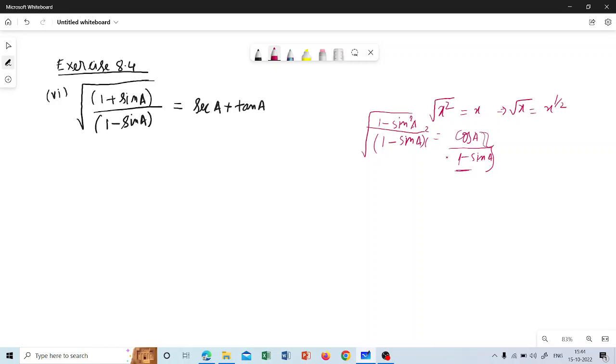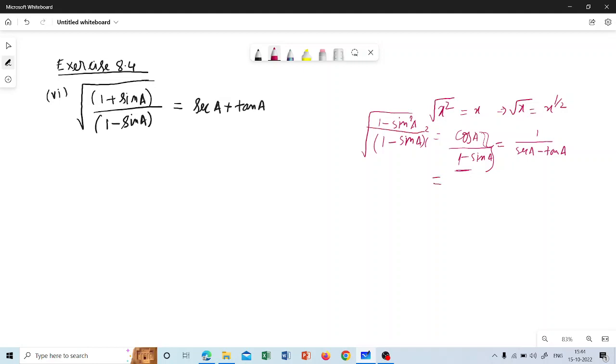So this can also be done. Once you try simplifying, if I divide by cos on numerator and denominator, it will be sec A minus tan A. So this is the result we are getting.